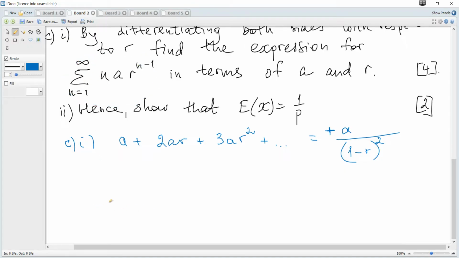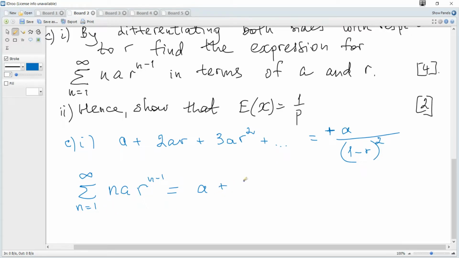And let's consider what is this. Let's write a few terms. So sum for n from 1 to infinity, n a r to the power n minus 1. Notice that we should substitute for n changes, so when n is 1, it becomes what? 1 a r to the power of 0 plus what?